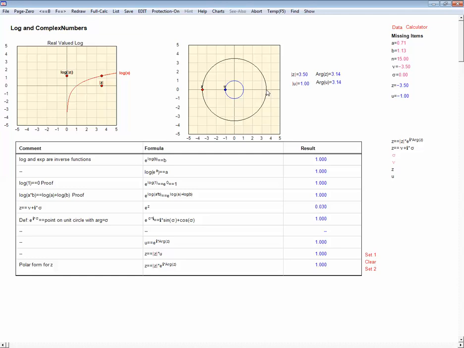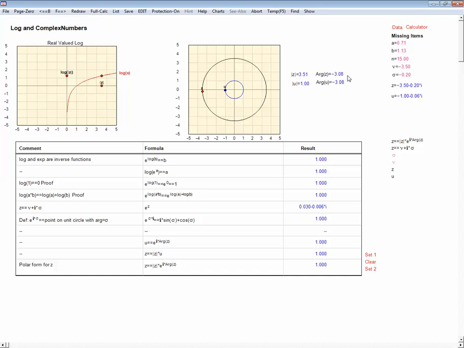If I put it right here on the positive axis, what's the arg going to be? It's going to be 0. And down here it's going to be negative pi over 2. And if I approach this side but don't quite hit the y-axis, it's going to be almost negative pi.